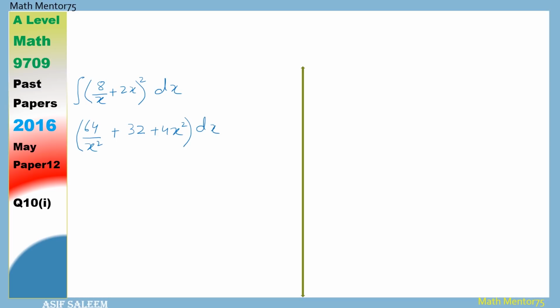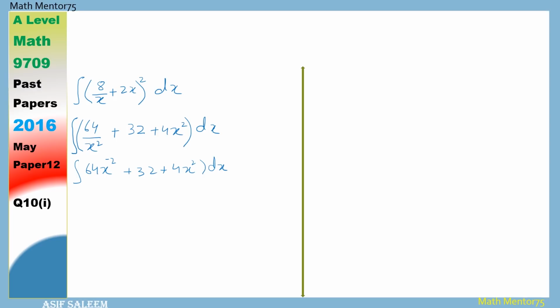So far we have not done the integration. Now let's do the integration. Before integration, let's take everything in the numerator. It would be 64x raised to the power minus 2 plus 32 plus 4x squared. Now let's do the integration.